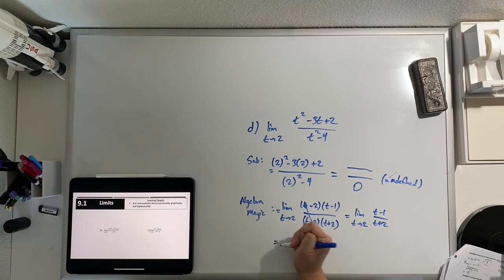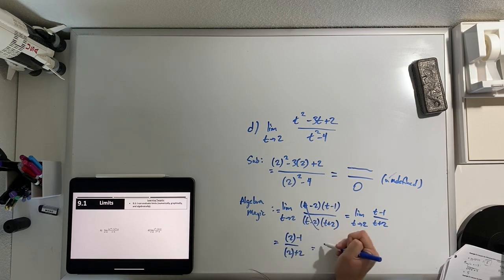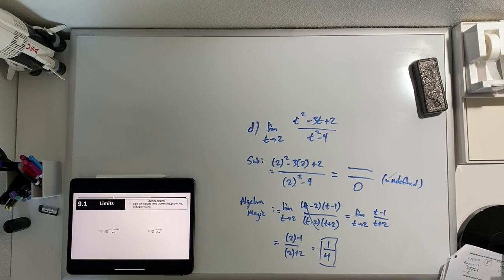Now we can try to substitute. We have 2 minus 1 all over 2 plus 2, 1 over 4. And there we go. All right. So substitution didn't work. We did a little algebra magic, and then substitution worked after that extra step.